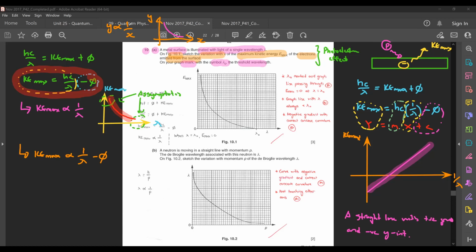If y is proportional to 1 over x, and you plot a graph of y versus x, it gives you a decay curve like this. Let's consider another separate case where y is proportional to 1 over x minus a constant a.